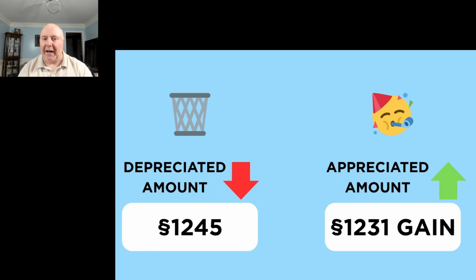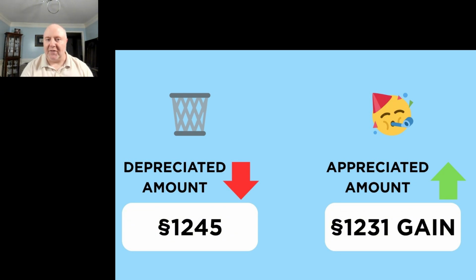Now, I'm simplifying this. So here's the actual rule. When you have 1231 assets, you look to see, was it actually depreciated? We take the purchase price minus our accumulated depreciation, and that gives us our adjusted basis.